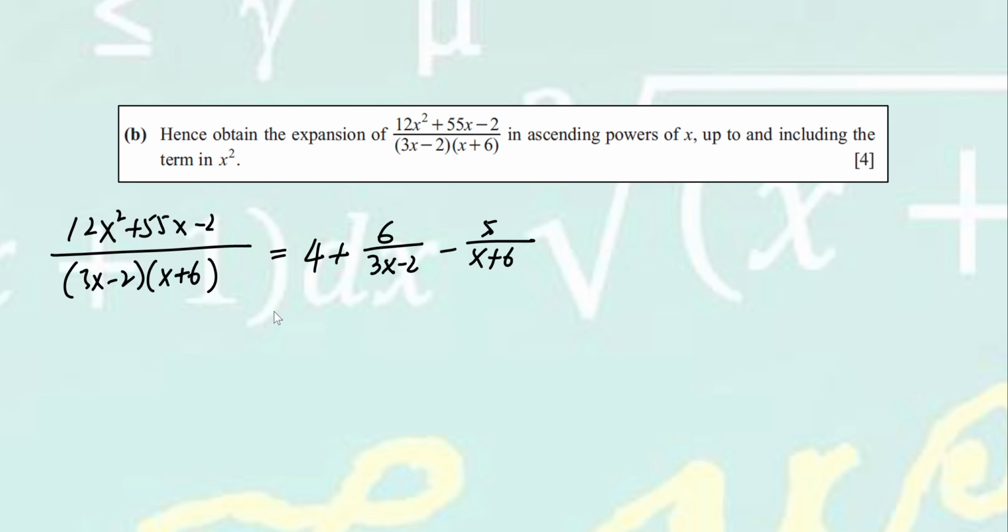So to do expansion, we have to move up the denominator. Okay, so when I move up, just for information, we are going to use a binomial expansion. So make sure the constant is the first term.